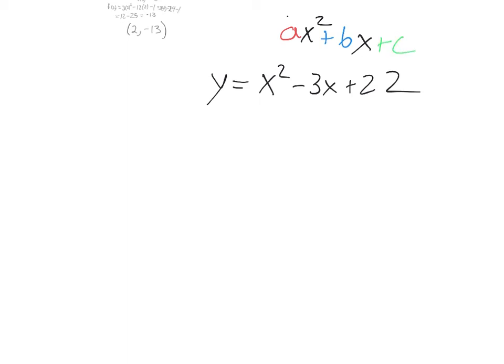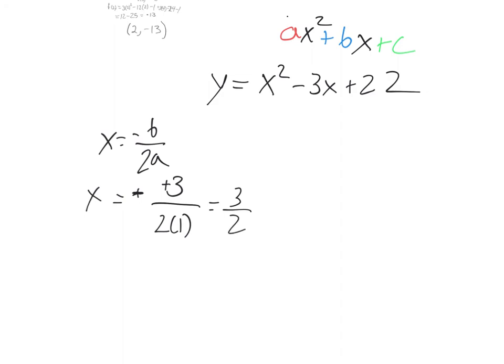And remember, I'm saying that the x point is negative b over 2a, okay, which in this case is the negative of negative 3 over 2 times 1, which is, boom, positive 3 over 2, okay? And so I want to use 3 over 2 this time.